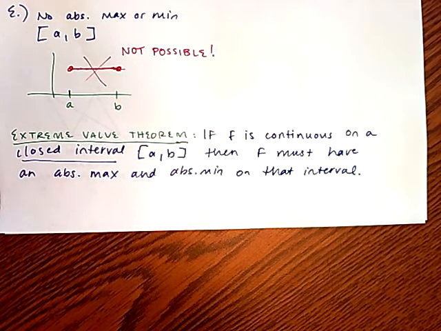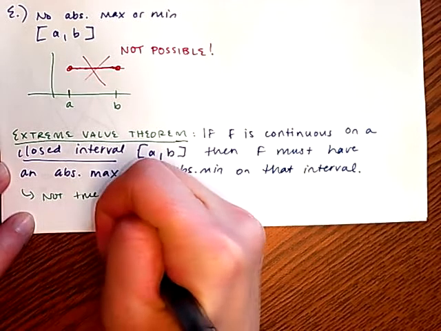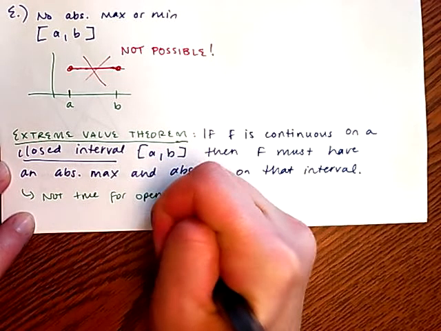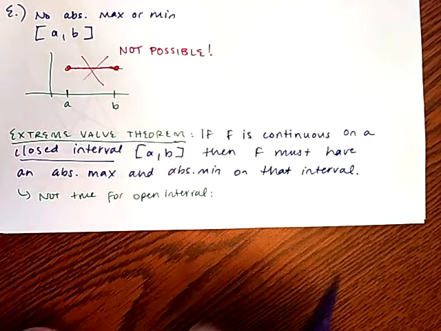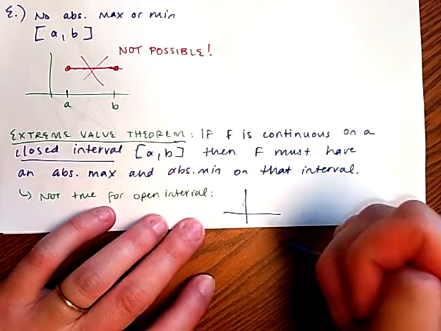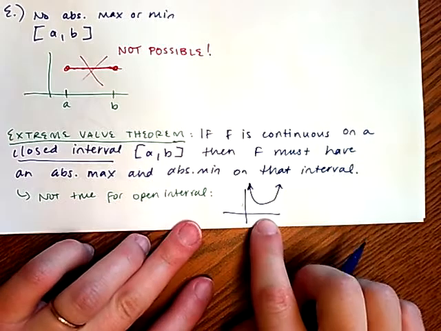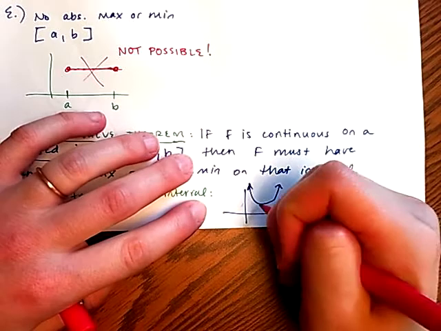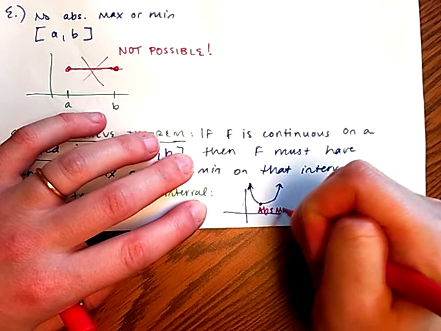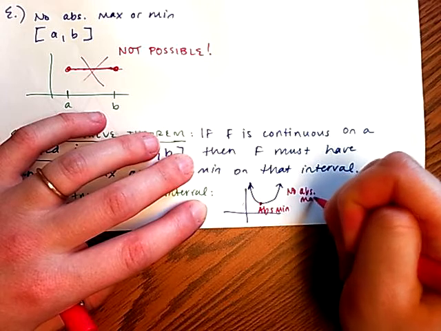We can see what happens on an open interval. Just to draw a quick sketch, first of all, it could be negative infinity to infinity, in which case there is no absolute maximum here. There's a min, but no absolute max.